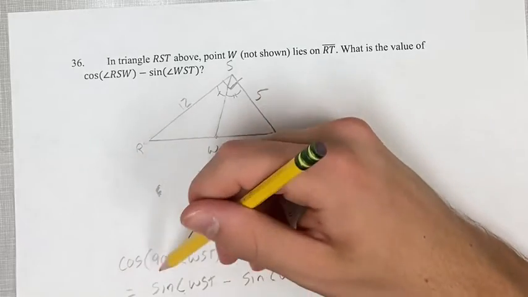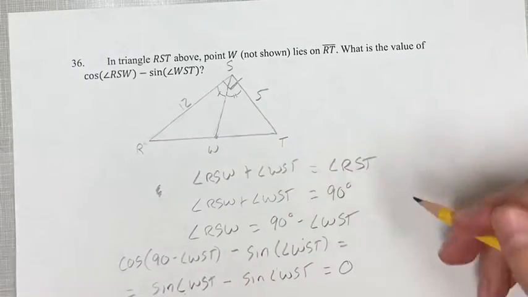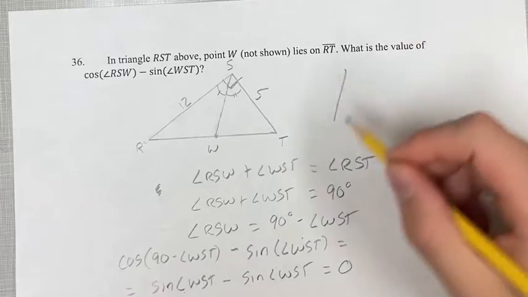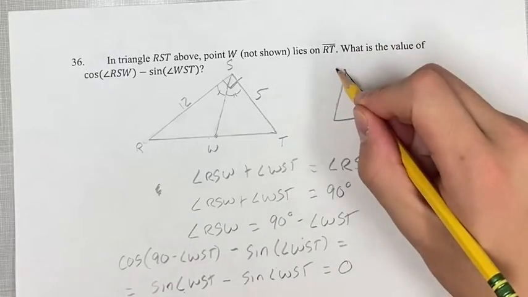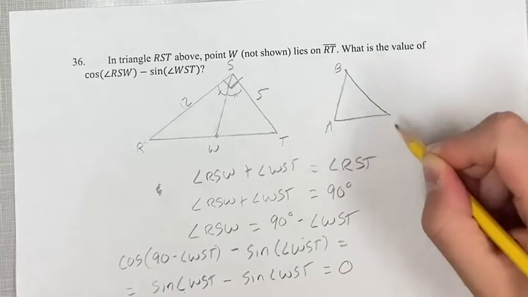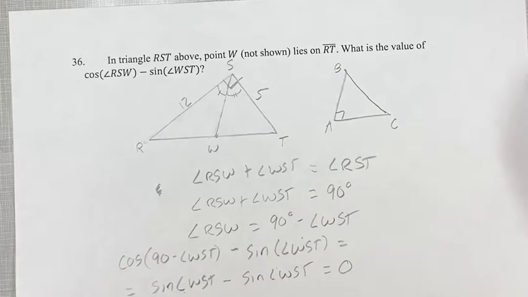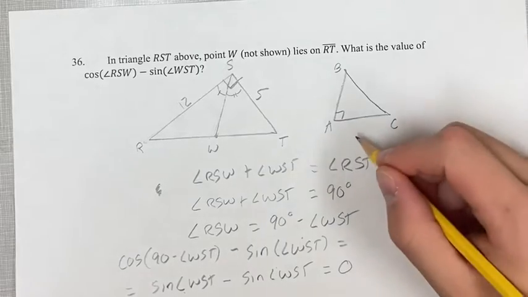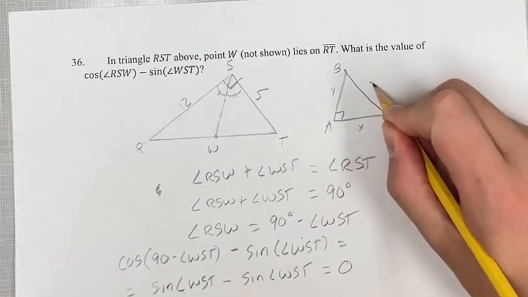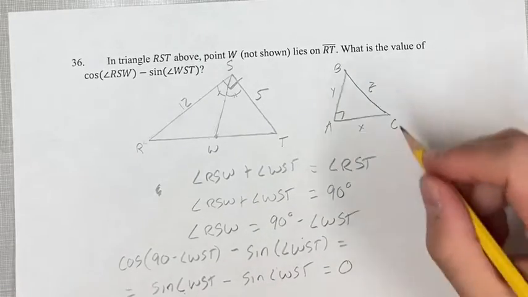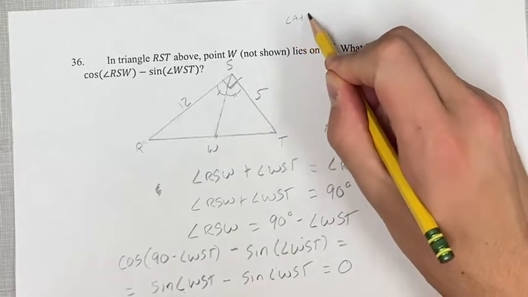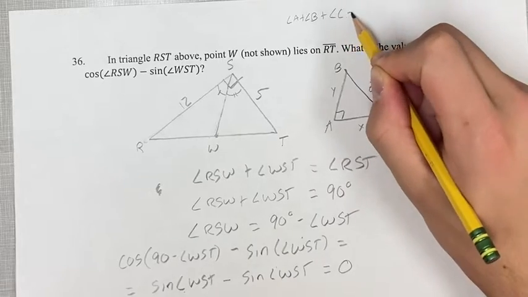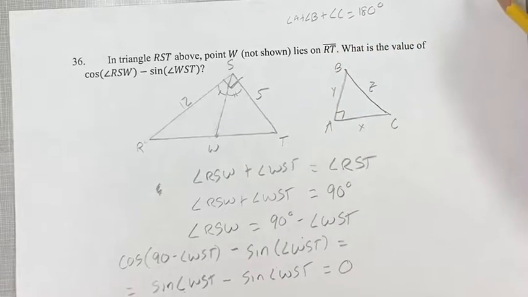Why is the cosine of 90 minus an angle equal to its sine? Well, if we have just any right triangle, where we have A, B, and C, and we have a right angle here, and let's just say we have side lengths X, Y, and Z. In this triangle, angle A plus angle B plus angle C is equal to 180 degrees, because the interior angles of a triangle add to 180 degrees.